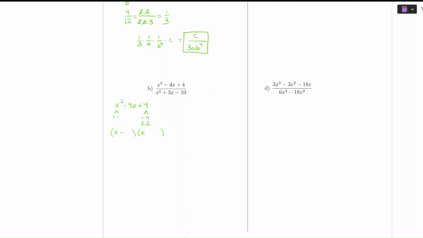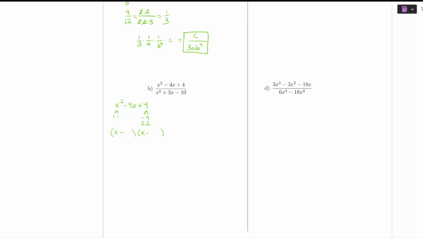In order for us to get into the negatives. But since we have a plus 4, we know that our constant term has to either be 2 positives to get us the positive 4, or 2 negatives multiplied by each other to get us the positive 4. And since we already have 1 negative, we know, okay, the other one has to be negative as well.